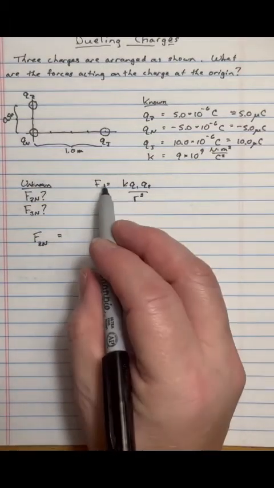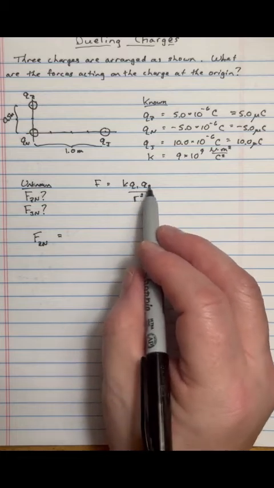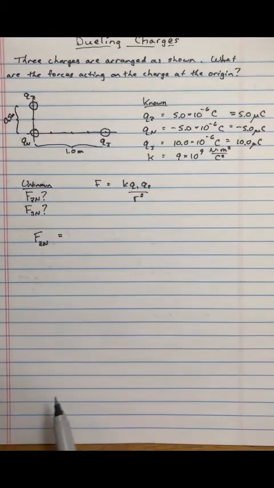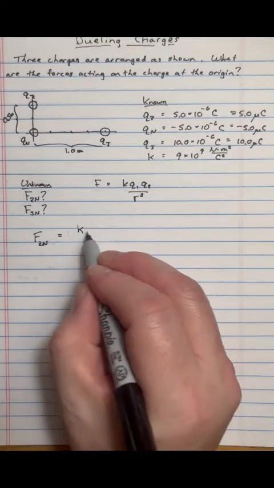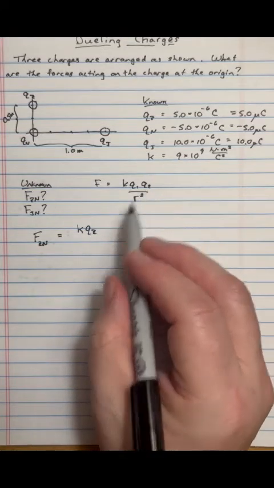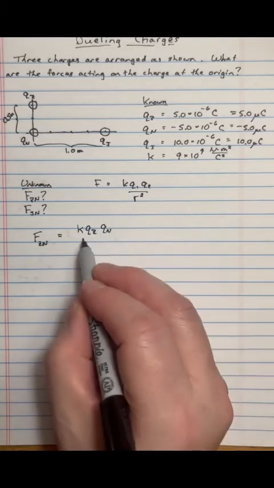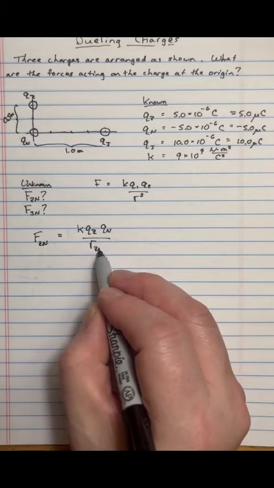Well, the formula for force between individual point charges is k Q1 Q2 over r squared. Well, as always, let's adapt this specific equation to our circumstance. So k is a constant, so that remains the same. Q1, we'll call that QZ. Q2 we'll call QN. And then the distance between them would be RZN.